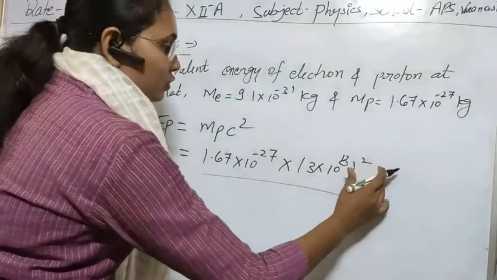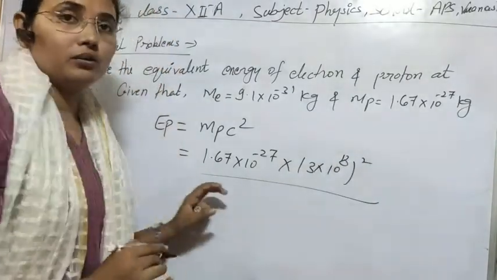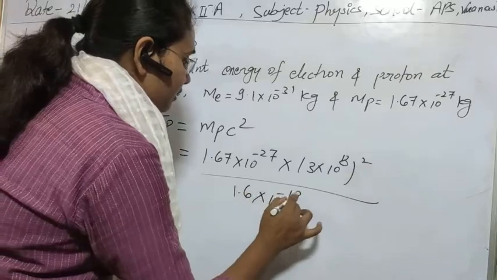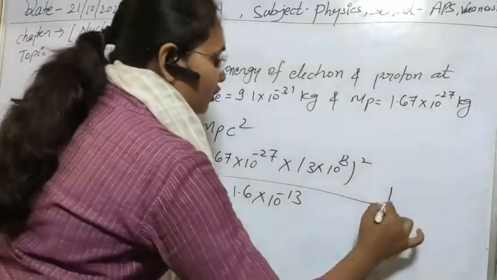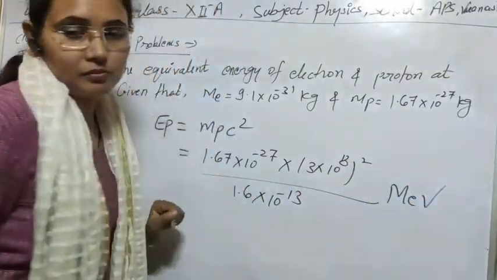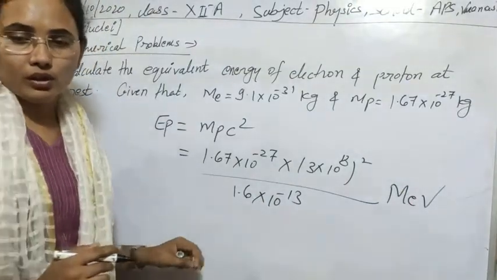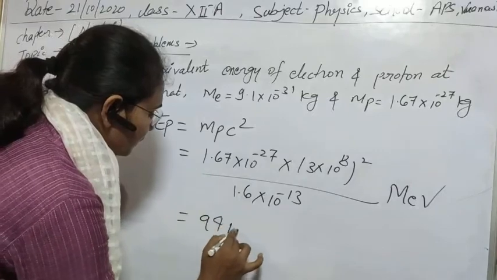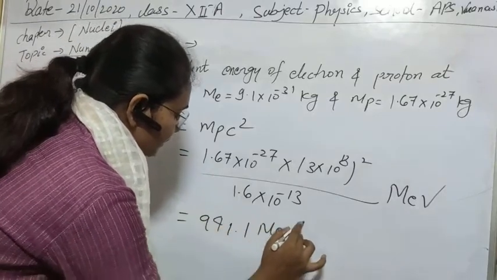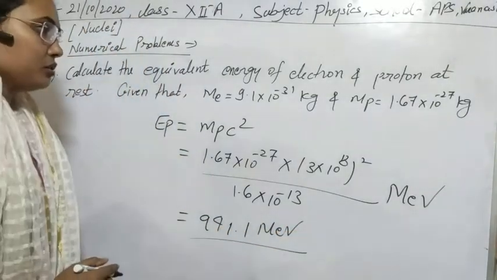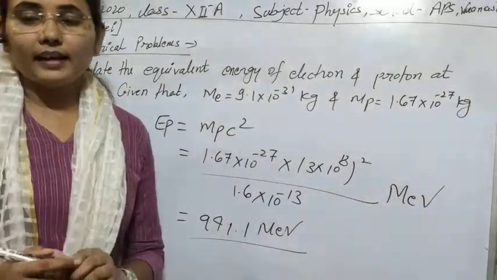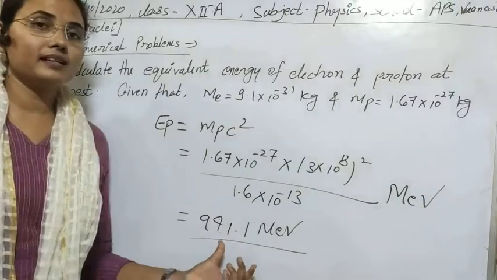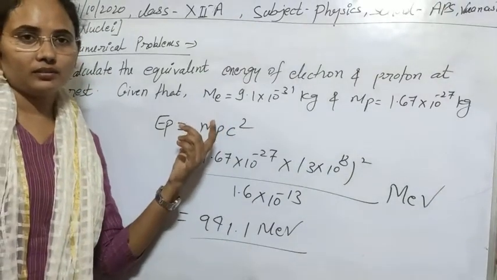This value is in joule, and to convert it into mega electron volt, we can divide it by this amount, and this value will be in terms of mega electron volt. So after solving this, we will get this value. So simply, at rest we can say that the proton will have a greater amount of energy than the electron.